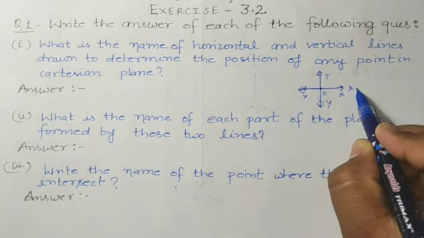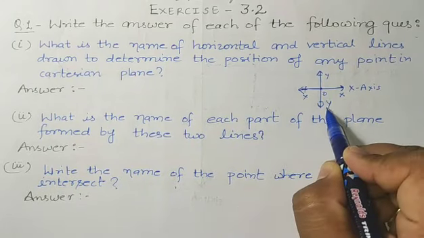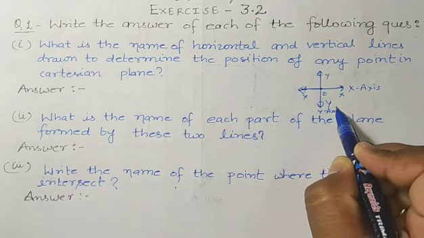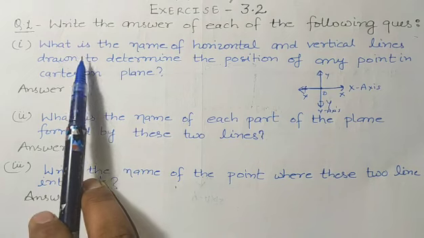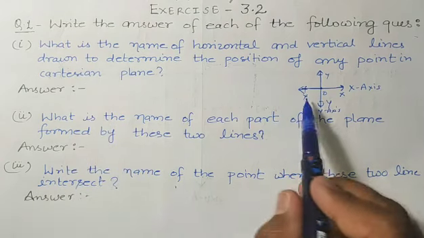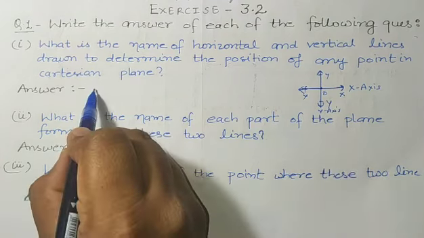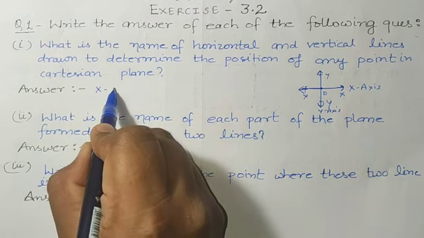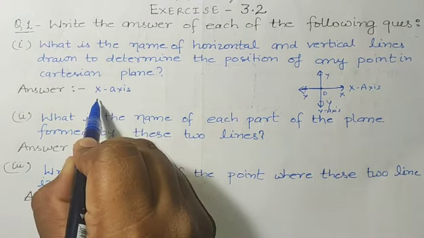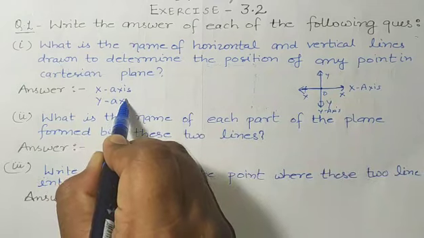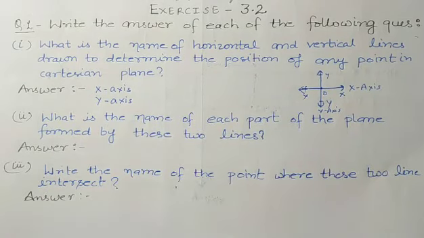So this is the x-axis and this is the y-axis. Here also the question is, what is the name of horizontal and vertical lines, meaning these two perpendicular lines. So one is your x-axis and one is your y-axis. So this will be your answer.